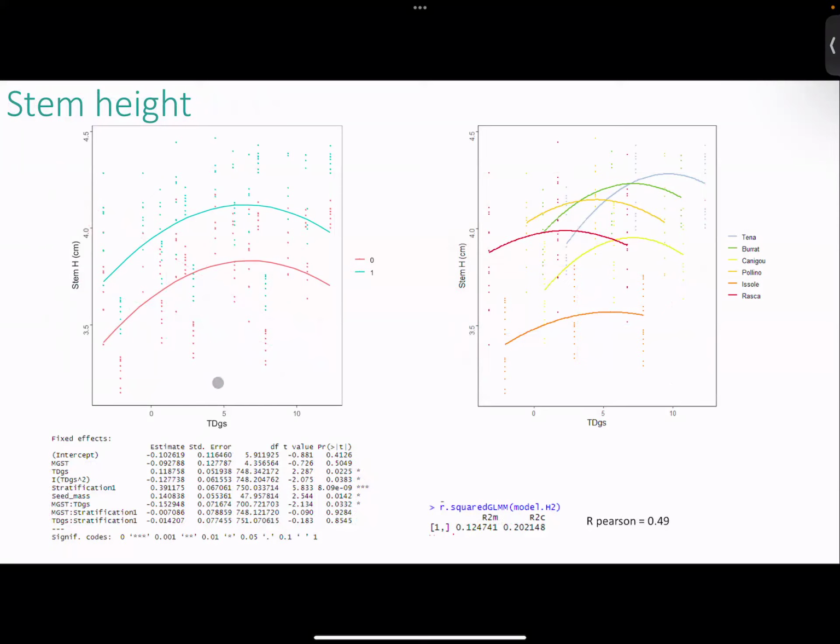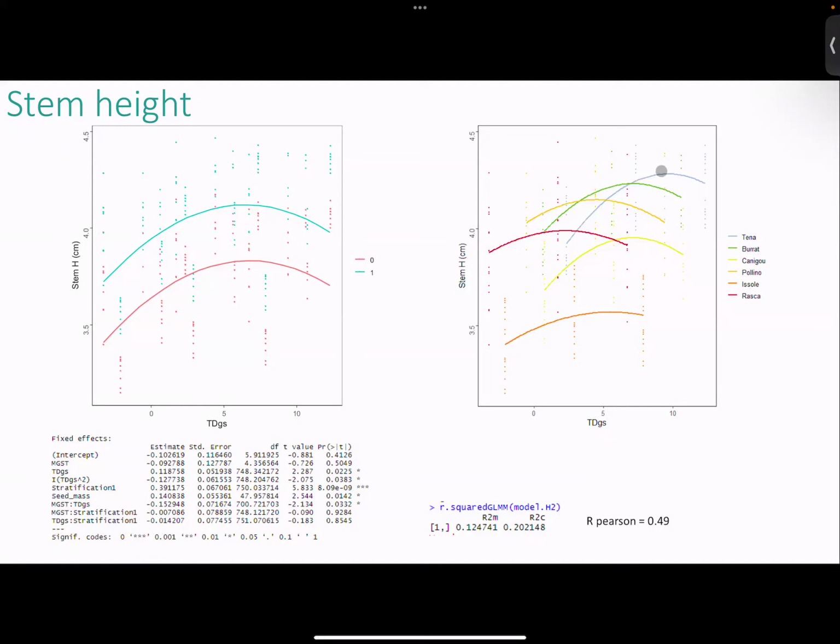First of all, we see here that the maximum growth that we observe in our experiment happens at a transfer distance that is not at 0, but some degrees above 0. So that means that generally the species may enhance growth a little bit under a warming scenario.